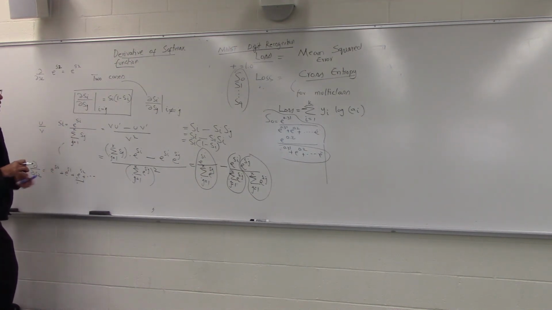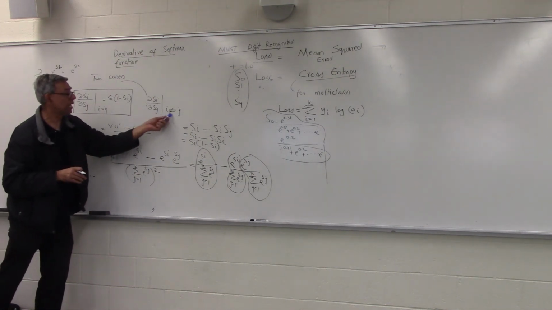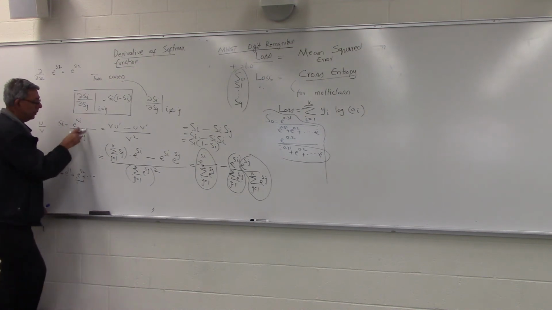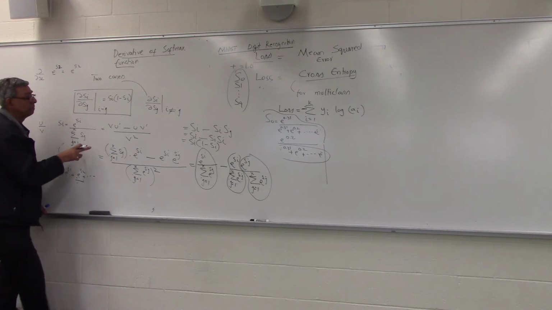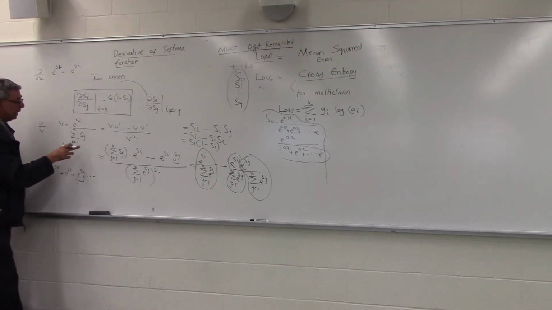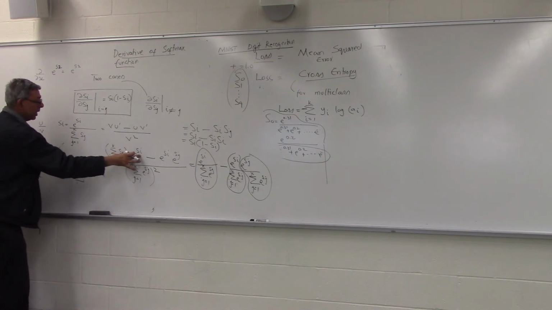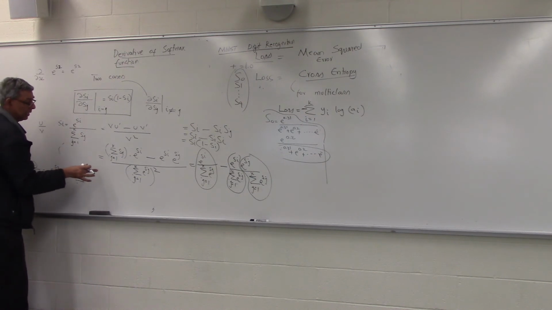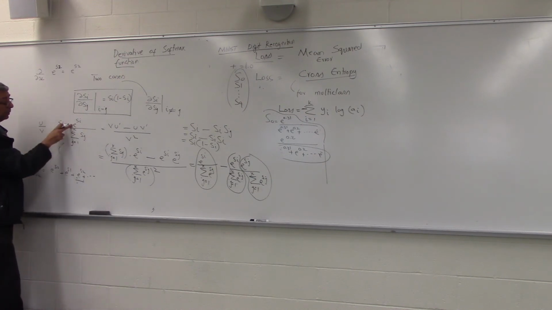Okay, let's do the second case where I is not equal to J. Okay, so what will this be? So again, if we go through over here, V is the bottom. U prime is now the derivative of this with respect to J, right?